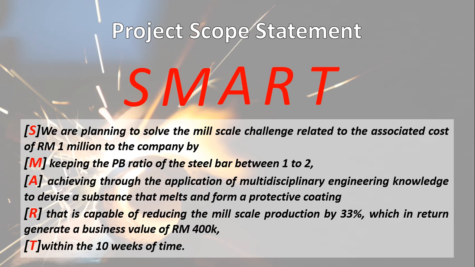A, achieving through the application of multidisciplinary engineering knowledge to devise a substance that will melt and form a protective coating. R, that is capable of reducing the mildew production by 33%, and in return will let the business value rise to RM 400k. T, and we will finish this within 10 weeks.